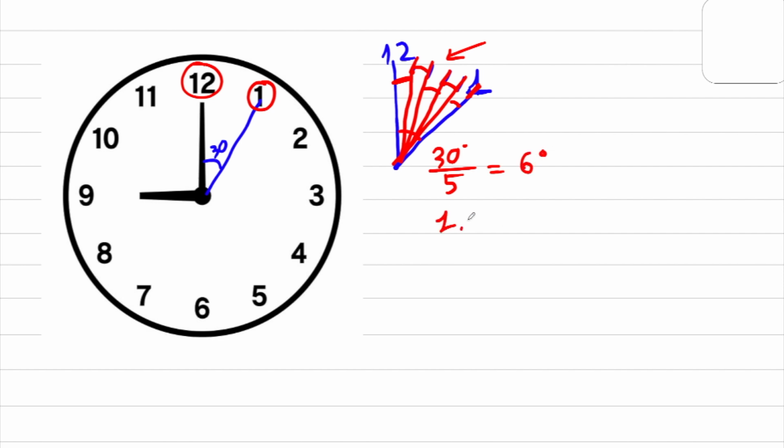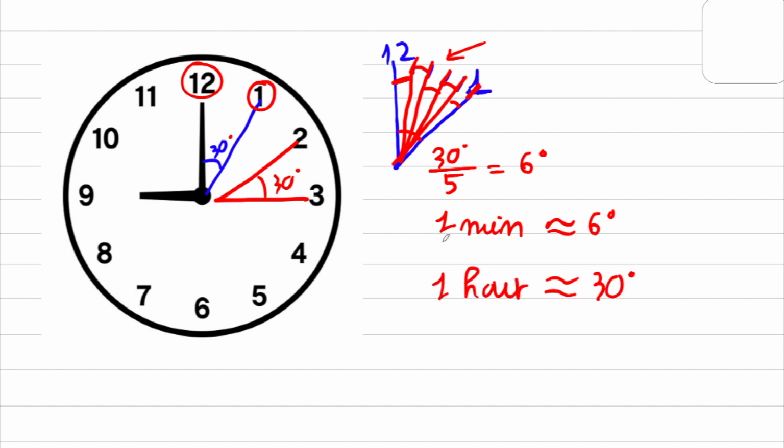I mean 1 minute corresponds to 6 degrees, because here is 30 degrees in total and I want to divide it by minutes. I have 5 minutes, which means 5 smaller angles. So 30 degrees divided by 5, you get 6. And about the hour, this one will be equal to 30 degrees. So 30 degrees corresponds to 1 hour. But for minutes, you get only 6 degrees.